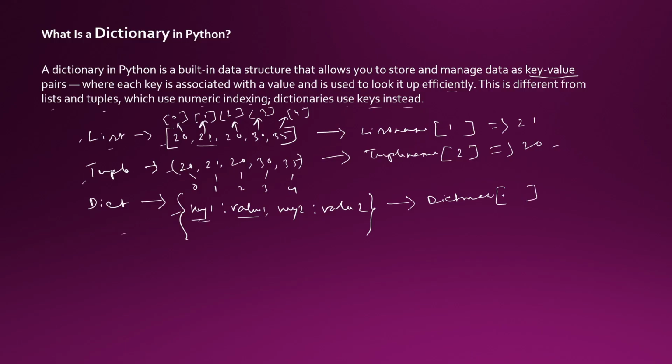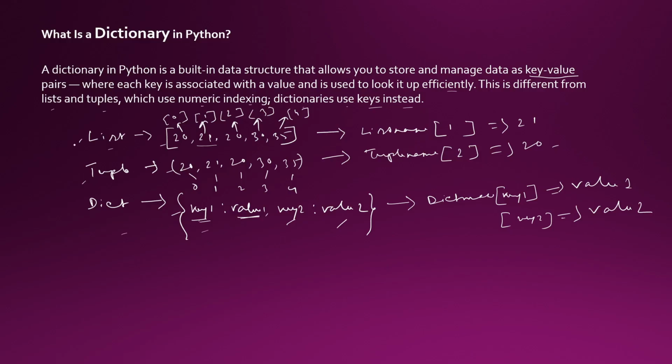Suppose key 1. If I pass key 1, then it will give the output as value 1. Now if I pass key 2, then it will give the value as value 2. So this is how we can access our data from the dictionary.